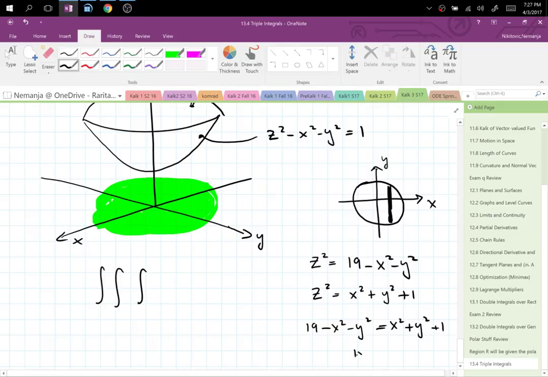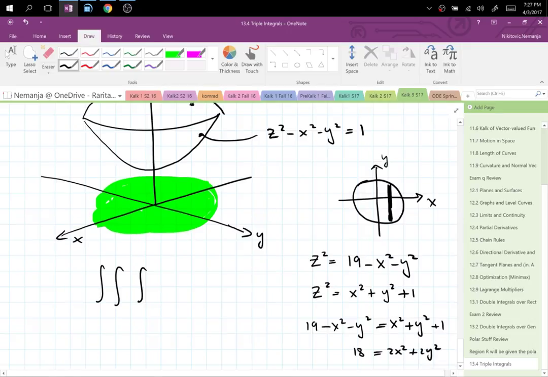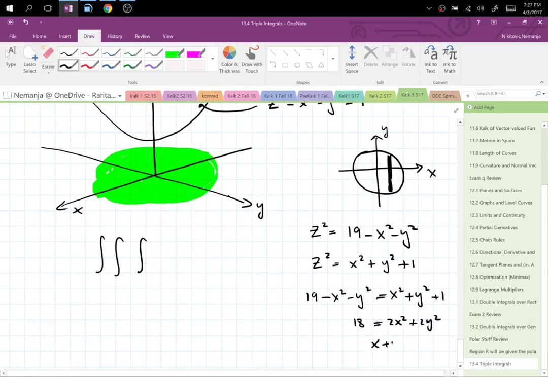From there you see that 18 is equal to 2x squared plus 2y squared. Factor out 2, divide by 18, you'll get 9, so x squared plus y squared is 3 squared. We have 3's all around: that's a 3, that's a 3, that's a negative 3, that's a negative 3.